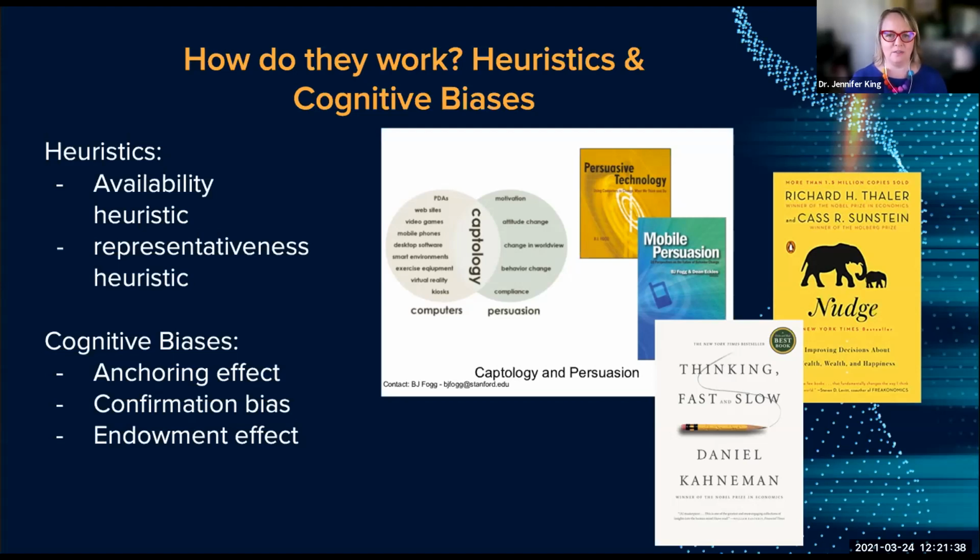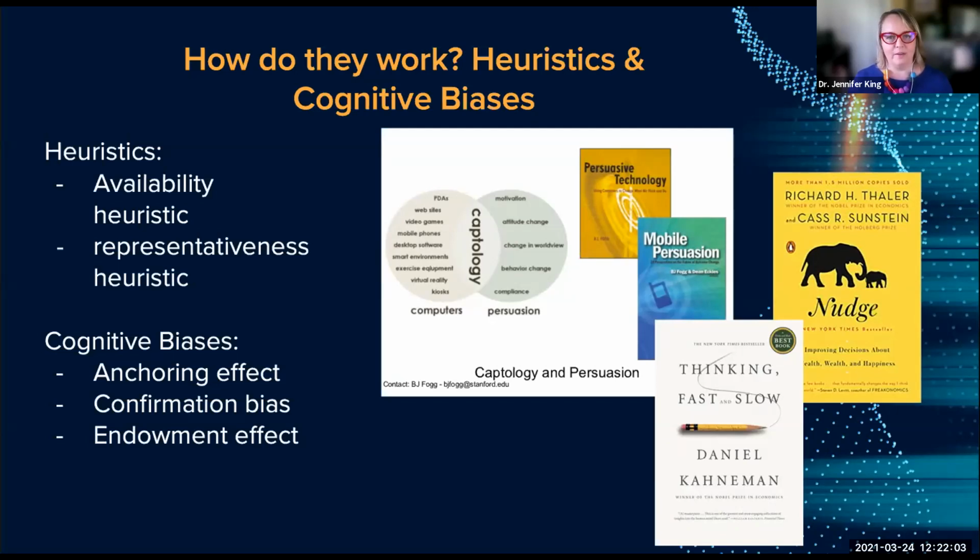They're mistakes that humans in general make as we reason. I've listed a few here, and I'm not going to go through them; you're welcome, of course, to look them up on your own. But the idea is that we have flaws in the way we think things through and in the judgments we make. And dark patterns are especially good at optimizing for those flaws in our thinking and taking advantage of them.